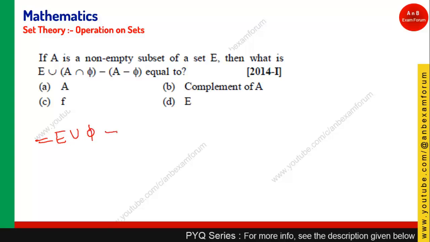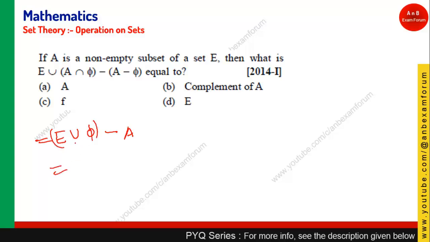And the elements which are present in A but not in phi will obviously be A only. Since phi doesn't have any elements, all the elements present in A will be only in A, not in phi, so the operation result will be only A. Let me make one bracket for this.